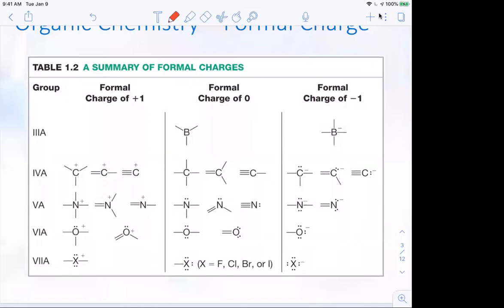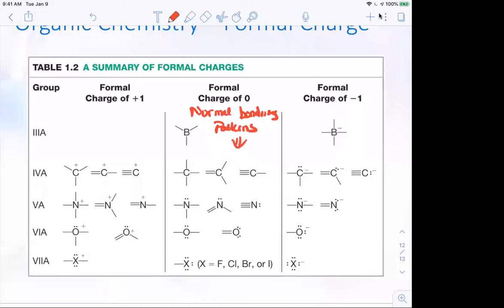Those are the atoms that we're going to use the most in organic chemistry. So you can tell when I follow normal bonding patterns, I result in all of these different bonding arrays.